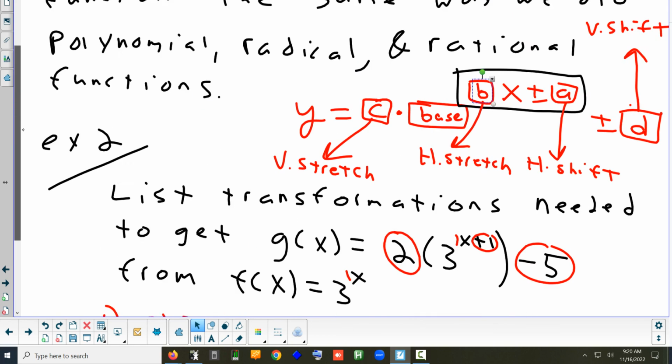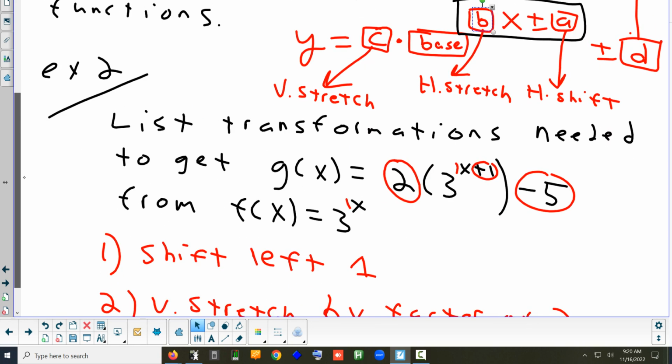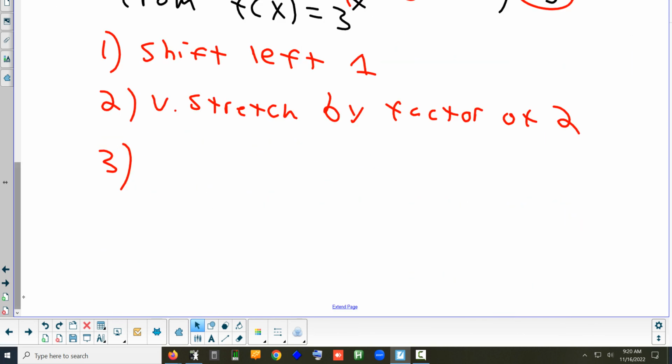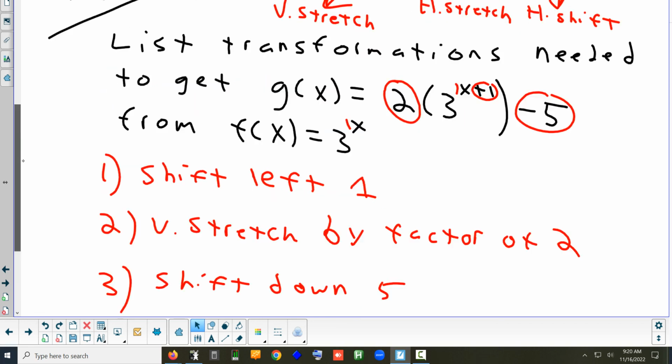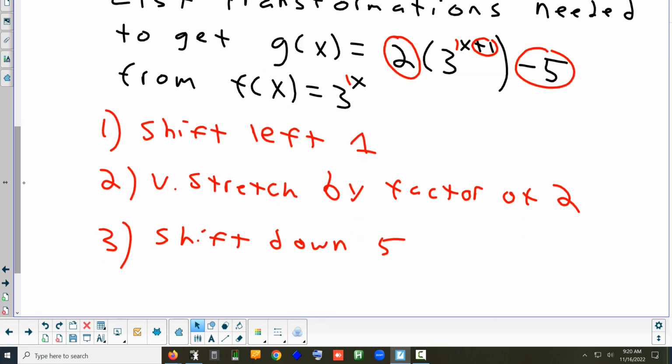And the last thing I need is the minus 5. That's the minus 5. Yeah. The vertical shift down. Vertical shift down 5. So you could just say shift down 5 if you want. And that covers what you would have to do with a transformation.